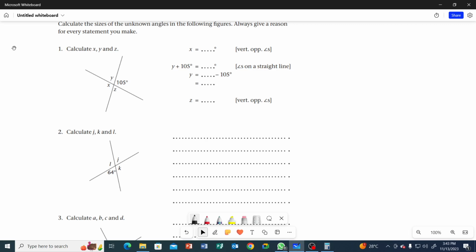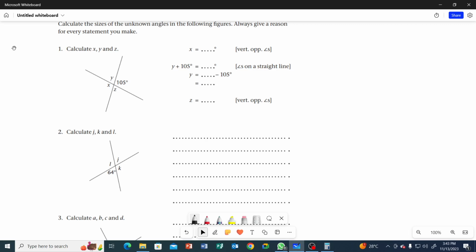Always give a reason for every statement you make. Okay, now lucky for us, most of the reasons are given. So this is like filling in the missing number. Okay, when it comes to number one.